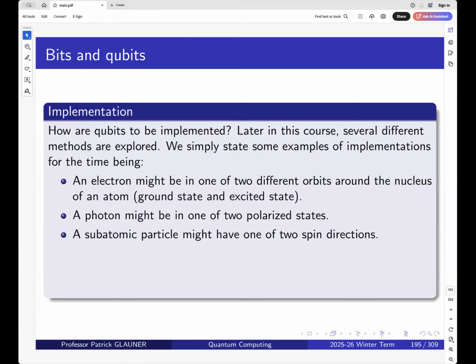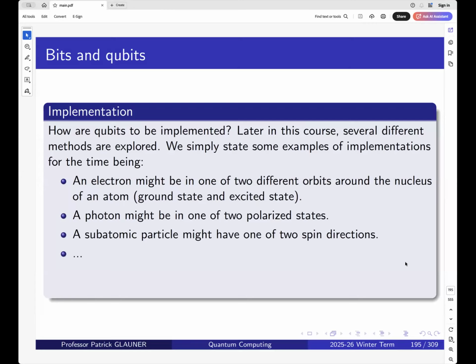We could think about an electron that might be in one of two different orbits around the nucleus of an atom. We might see that a photon could be in one of two polarized states. We could also think about other subatomic particles that might have one of two spin directions. We've seen spins last week briefly.